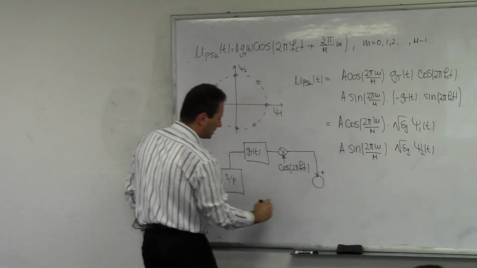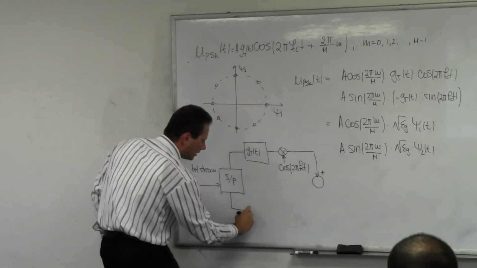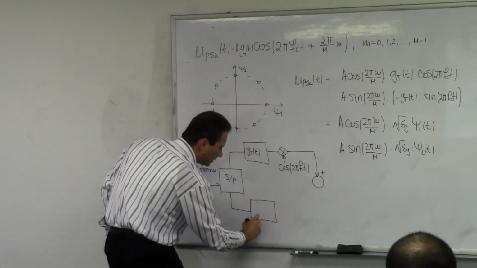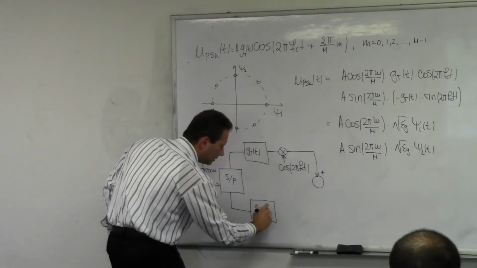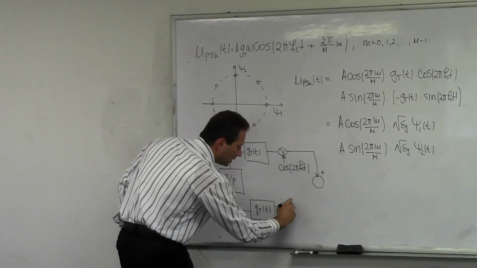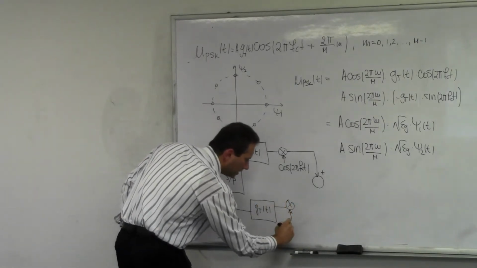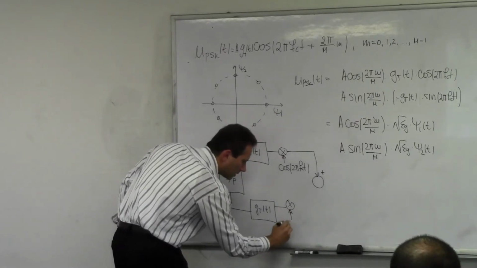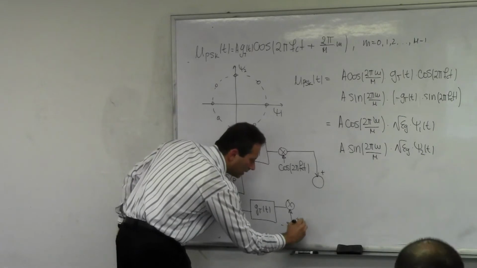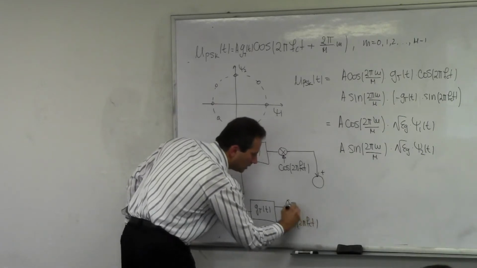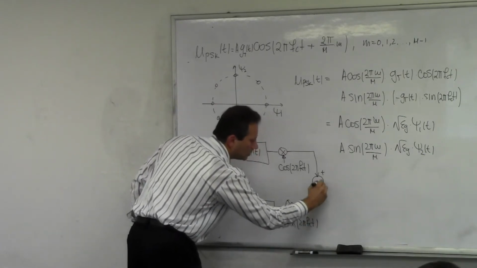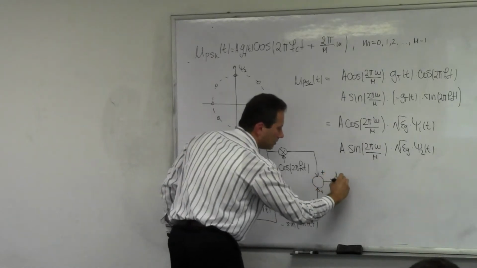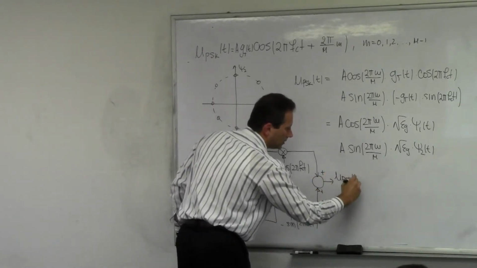This comes in as a plus sign, and then here I have the same filter, g_T of t, times minus sine of 2 pi f_c t, and then I'm going to sum these two, and this becomes my u_PSK of t.